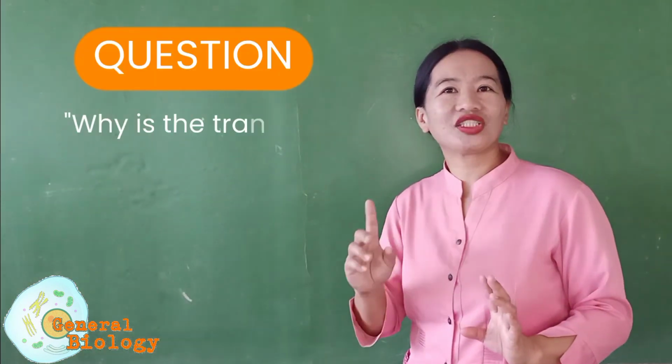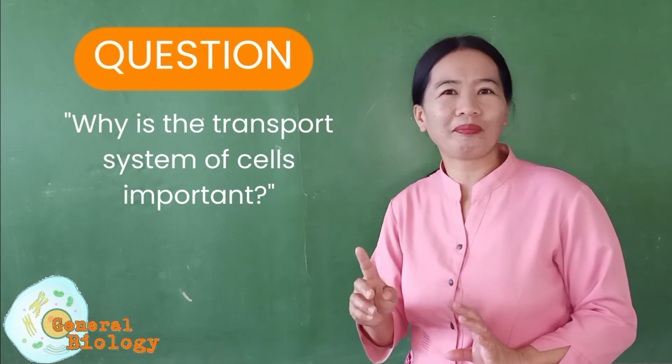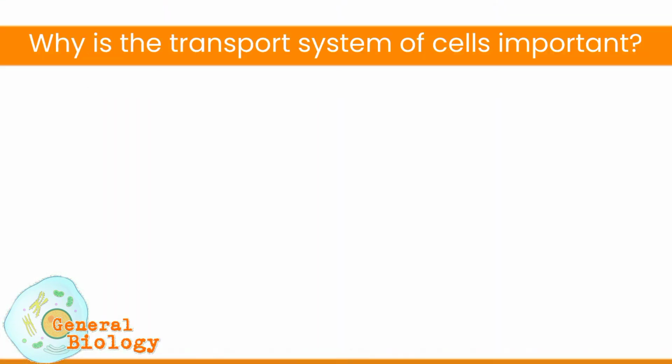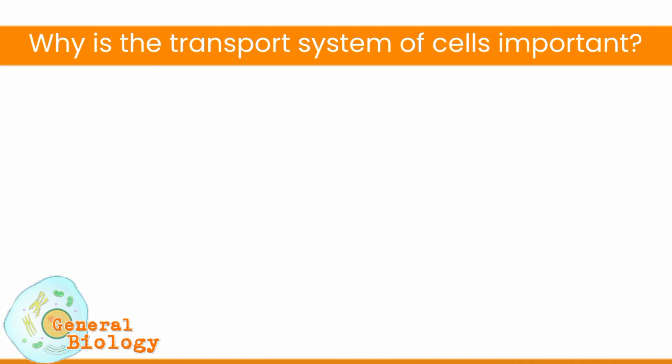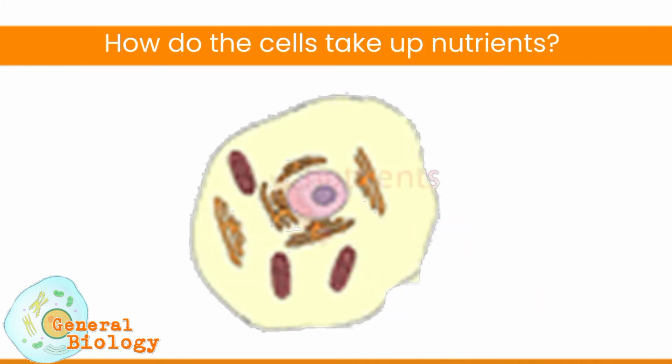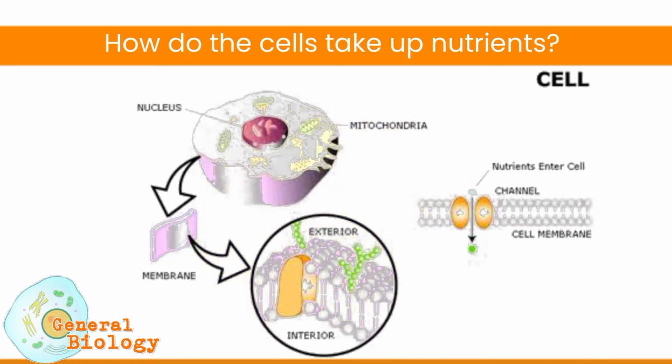Why is the transport system of cells important? Generally, the transport system allows the movement of nutrients and the elimination of waste. Cells are able to take up nutrients from the environment due to the membrane-spanning transporter proteins.